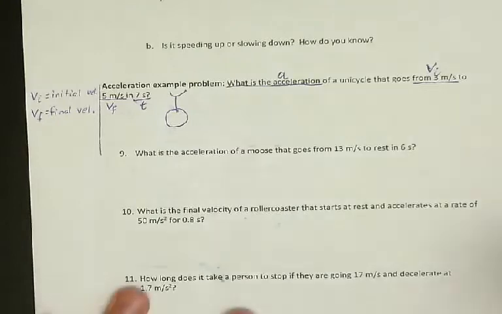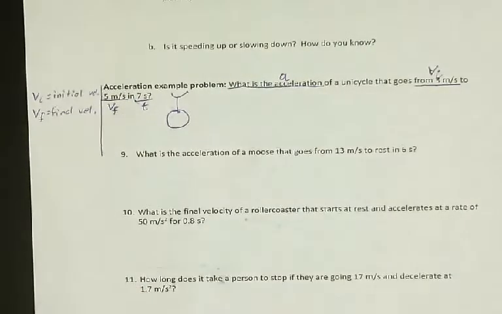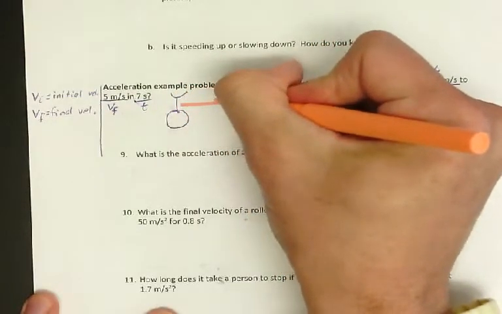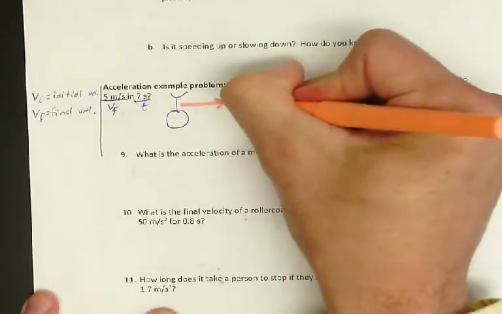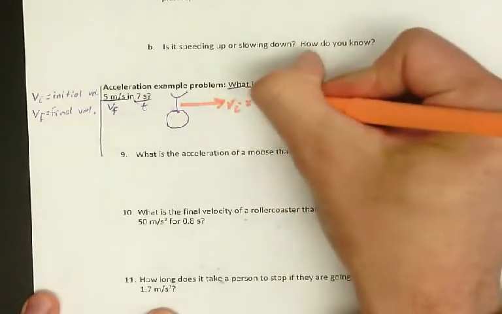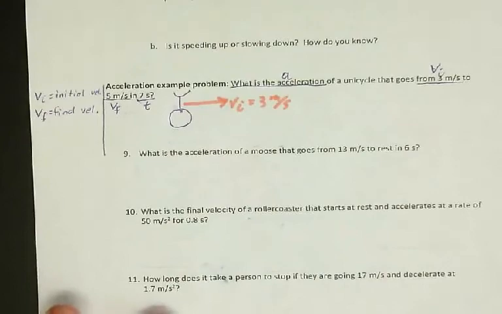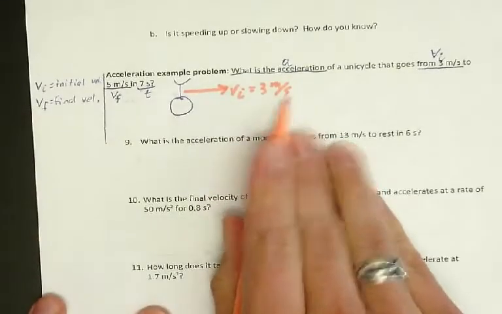Okay, so now I need to draw my diagram. I'm going to start by drawing the velocity acting on the unicycle. So VI is my starting velocity, 3 meters per second. It says, what is the acceleration?